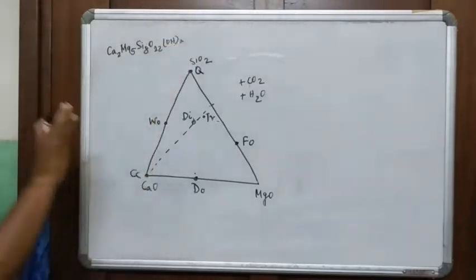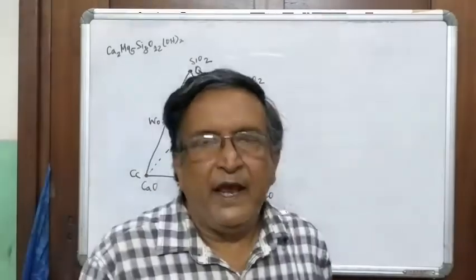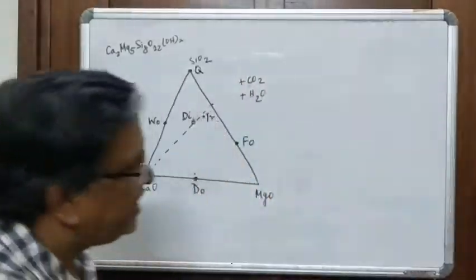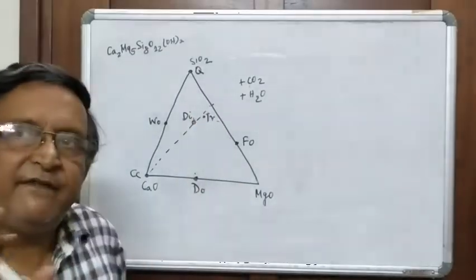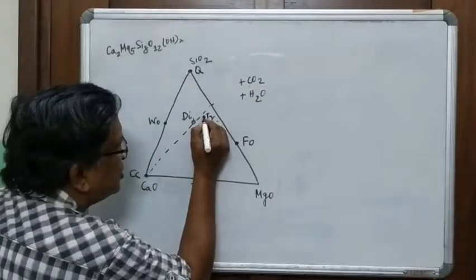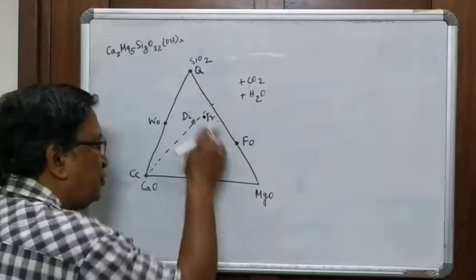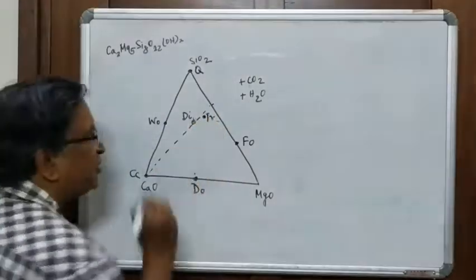I have not drawn other phases, for example anthophyllite, Mg7Si8O22(OH)2, so it will be close to 50-50. The tremolite plotting position is below this line, towards the dolomite side of the diagram. Tremolite occurs here.